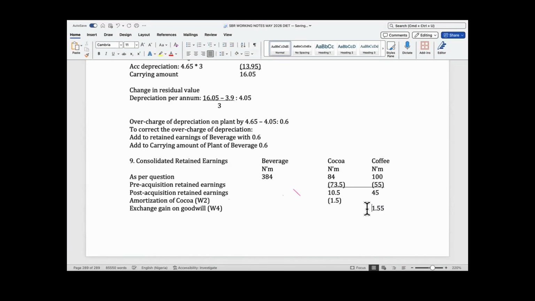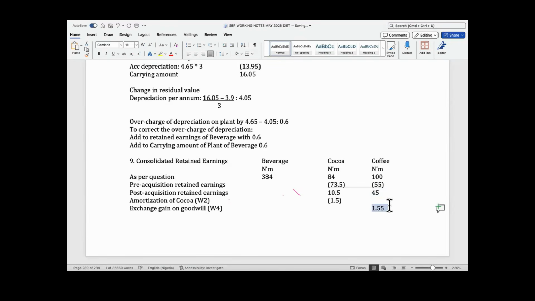And do you know why I'm putting it under coffee? Because I know that whatever post-acquisition profit coffee makes is being shared between the parent and NCI. So by putting it under coffee, it's going to be shared between the parent and NCI.